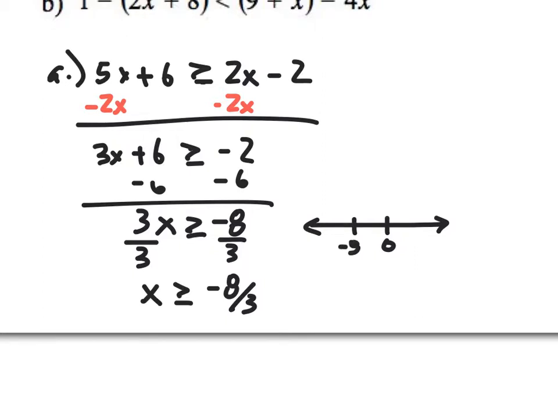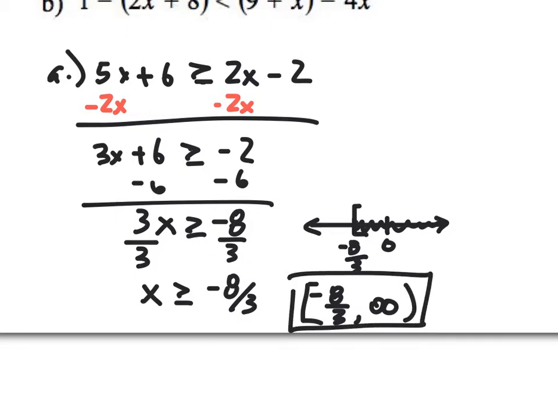We are greater than, and the shark is eating the bigger number, so because x is big, we're going to go to the right, and we include the endpoint. That's my graph. Then interval notation is easy to read: I go from left to right, negative 8/3 with a bracket, comma, infinity, and that's my answer. And that's how we want it.